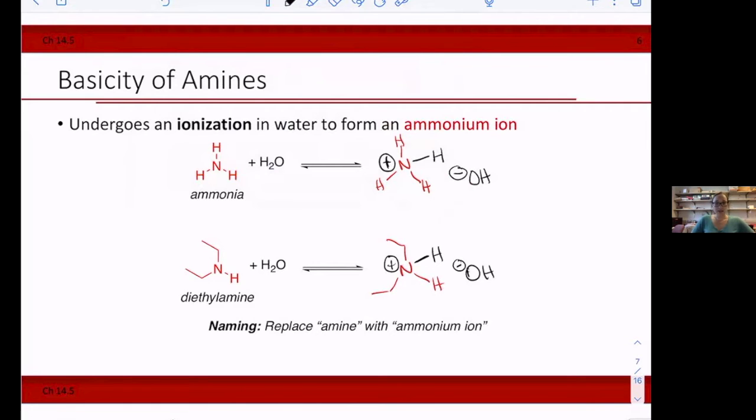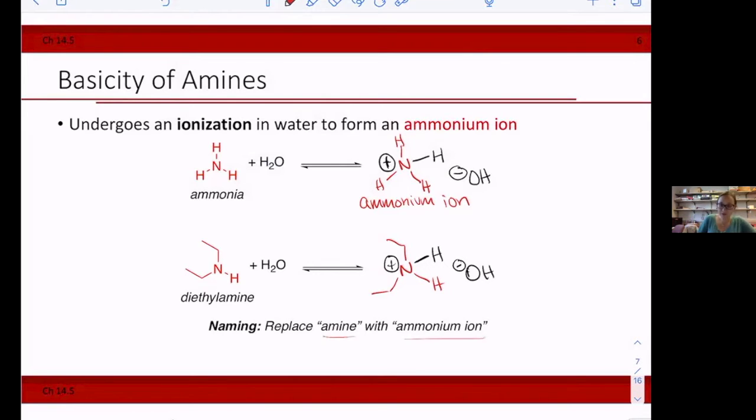These particular functional groups that we're making are called ammonium ions. The specific name of this first one is really just ammonium ion because we're taking ammonia and making it into its ionic form. But now we need to learn how to name the ion form of other things too. And all we do is replace amine with ammonium ion.